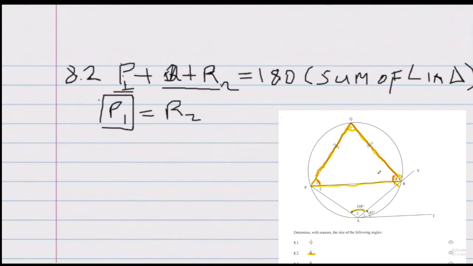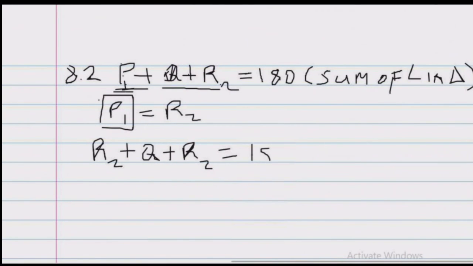Now if they are equal, I can simply make this P1 R2 as well, meaning from this statement that we just had, I can say R2 plus angle Q plus another R2 equals 180. And then if I put these two together, I'll have 2R2 equals 180 minus 72, and then I can simply divide by 2 in order to have R2 on one side.